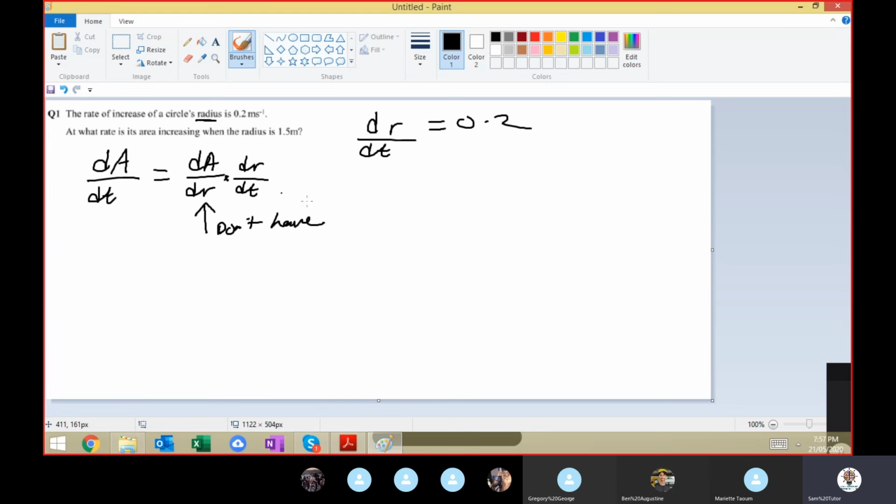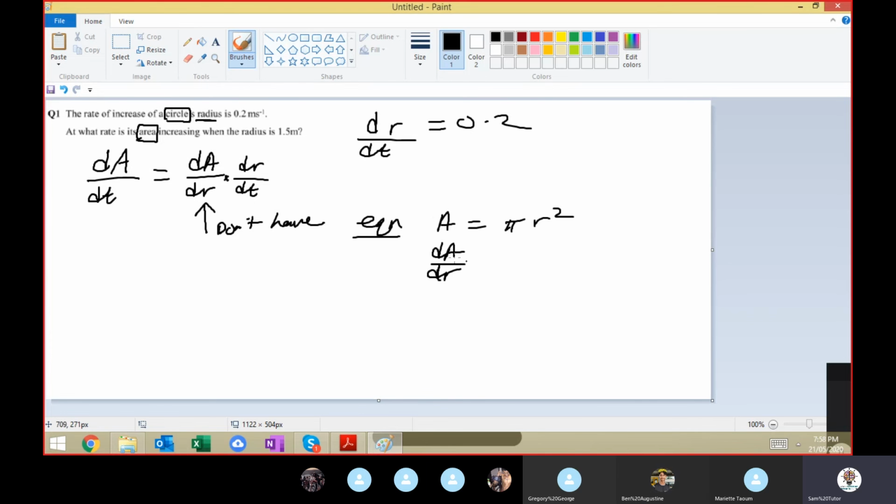But it tells you what you want. You want an equation with A in terms of r. Any ideas? Pi r squared. Area of a circle, right? Pi r squared. So what's dA on dr now?